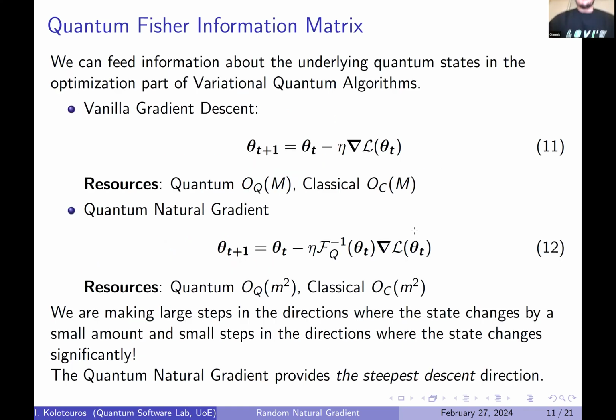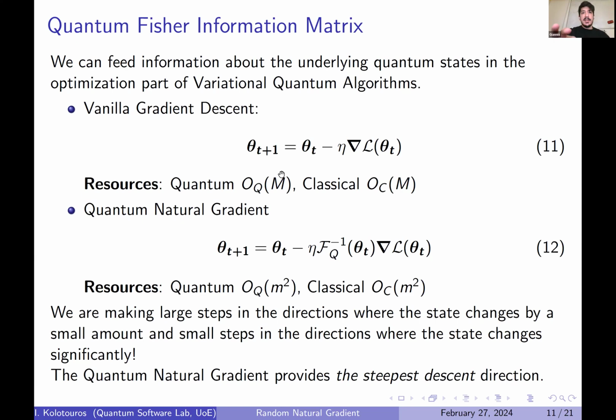Okay, now that we have an understanding of what the quantum Fisher information is, let's move to understand the quantum natural gradient. As we said, we have the vanilla gradient descent, which just updates the parameters towards the direction that minimizes the loss. The quantum resources needed are that the number of quantum states you have to prepare scales linearly with the number of parameters.